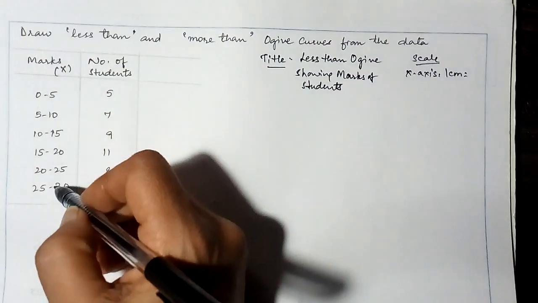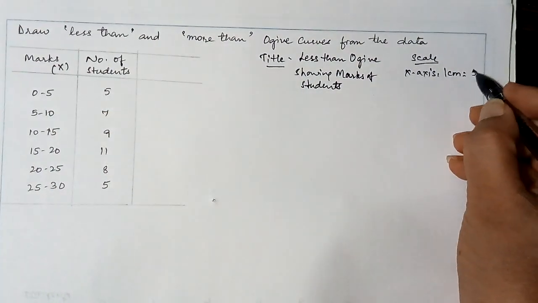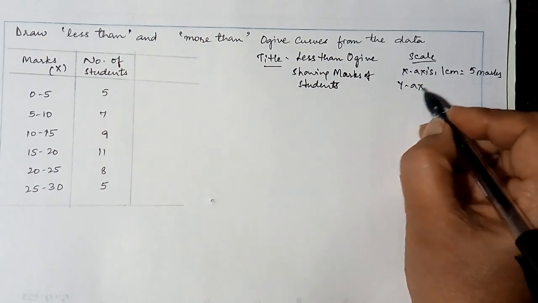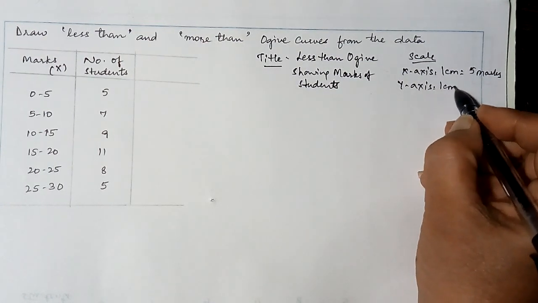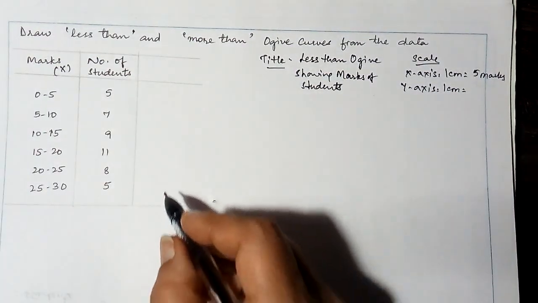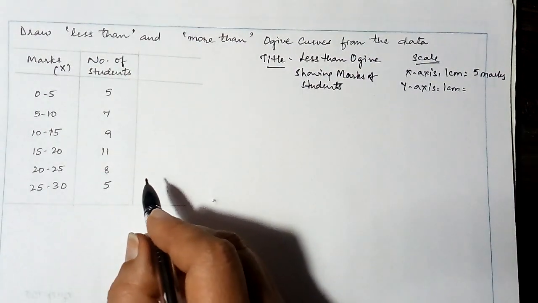So 1 centimeter we will take as 5 marks, and on the y-axis we will take 1 centimeter equal to, after we decide on the less than, we will decide what would be the scale on the y-axis.